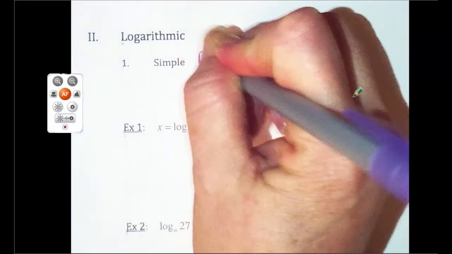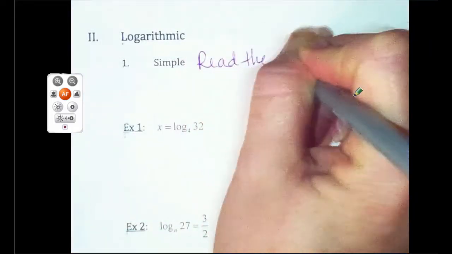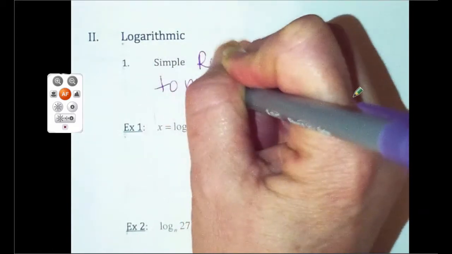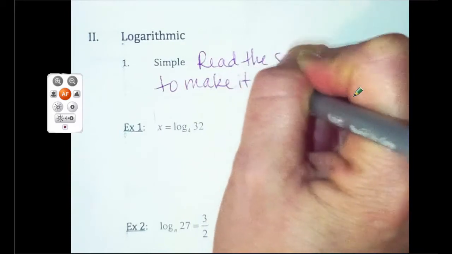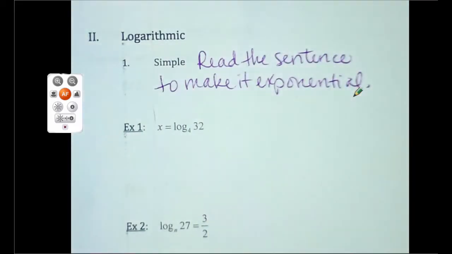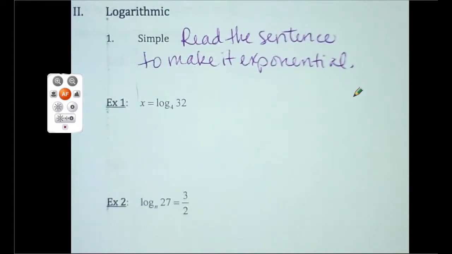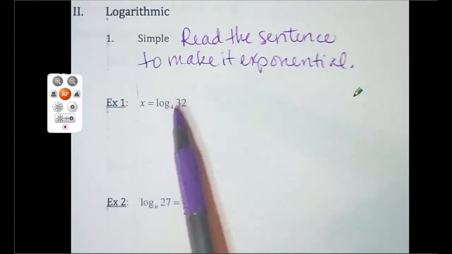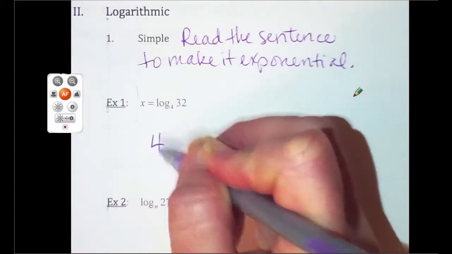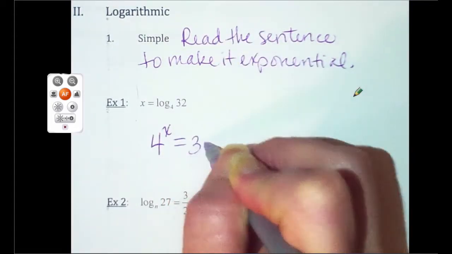In which we read the sentence to make it exponential. Here's what I mean. In example 1, x is the exponent on 4 that gives me 32.